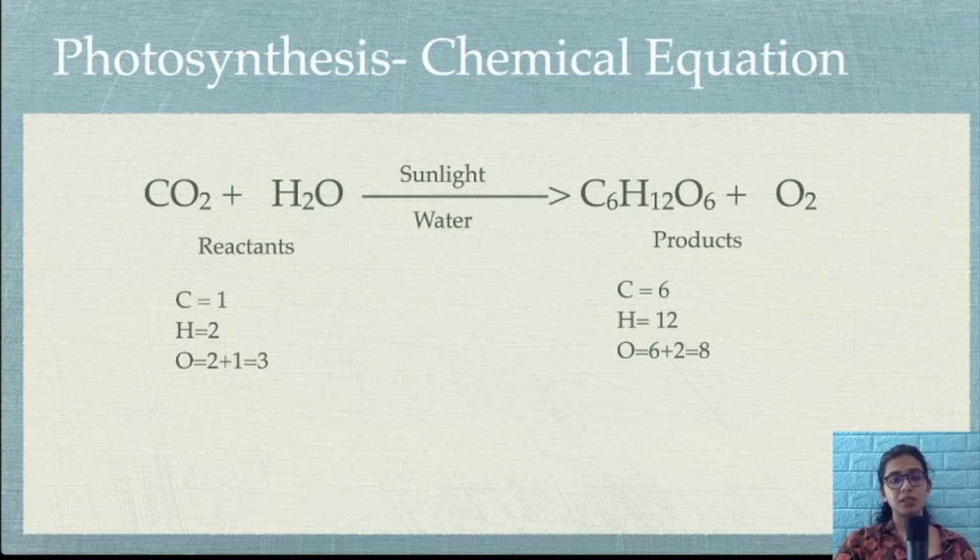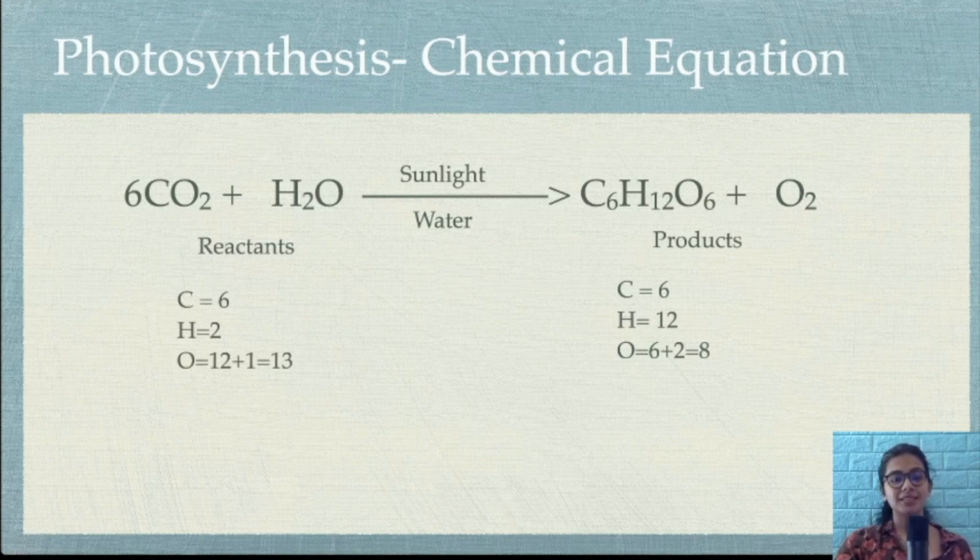So basically all the atoms are unequal. First let us try to balance the carbon atoms. Suppose we put 6 in front of the carbon dioxide, we get 6 carbon atoms on the left and 6 carbon atoms on the right.